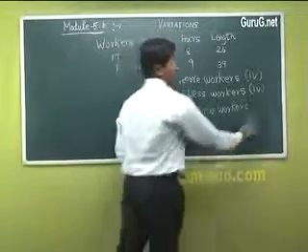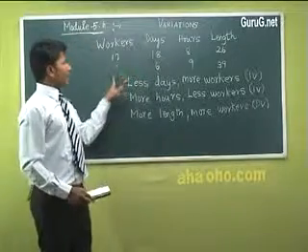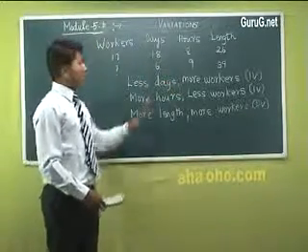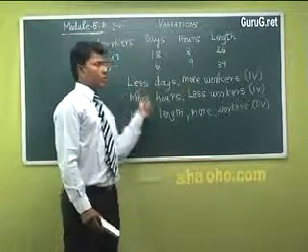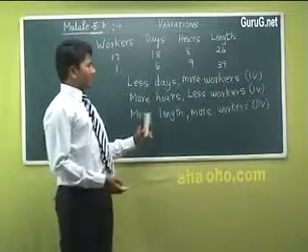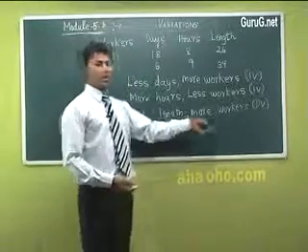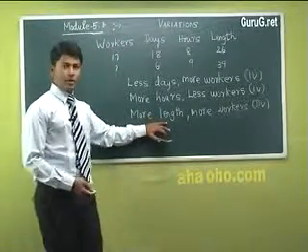So this is in direct variation. So days and workers are in inverse variation, hours and workers are in inverse variation, but length and workers are in direct variation. Now we have found the types of variations.